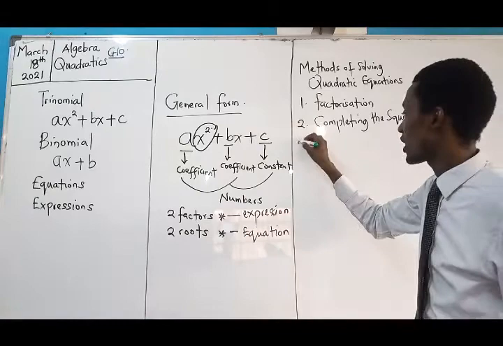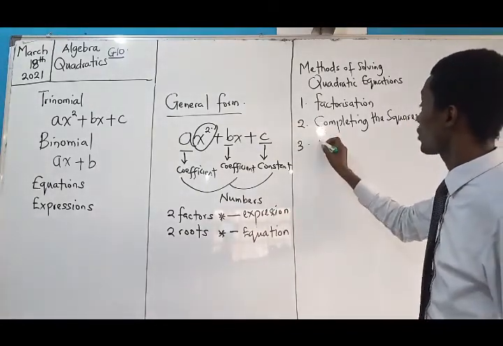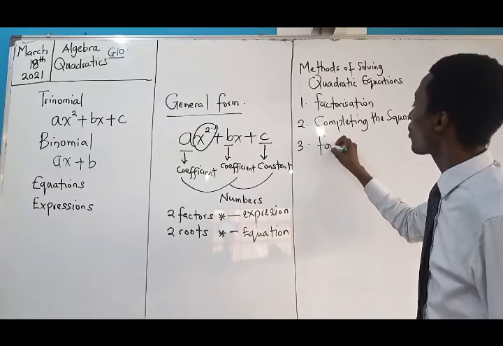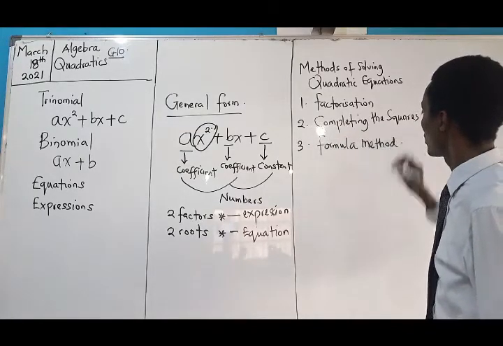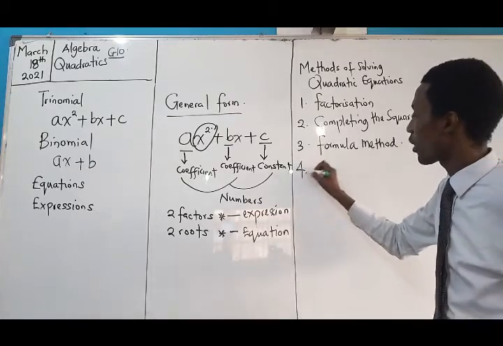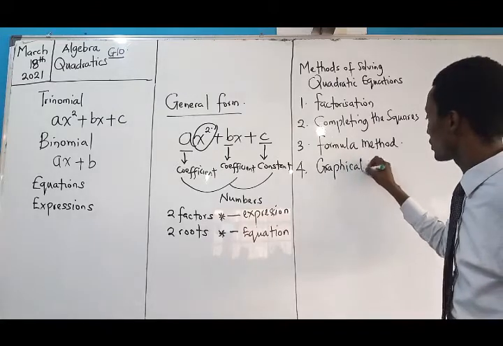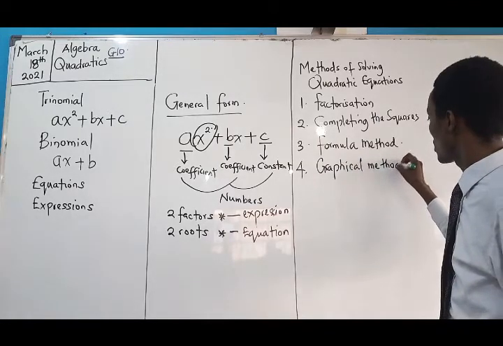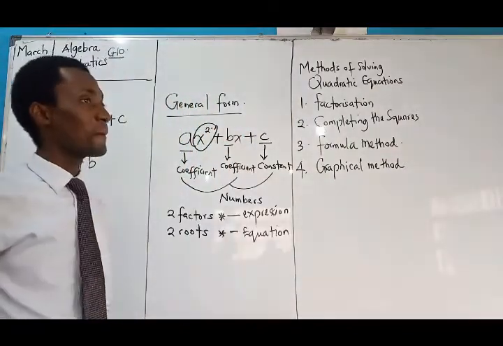The third method is the formula method. And the final one is the graphical method. So 4 methods you can use to solve quadratic equations.